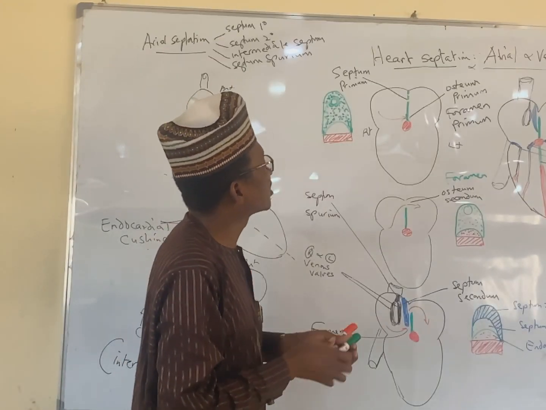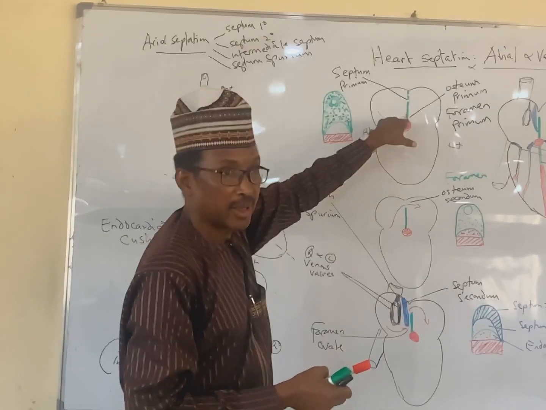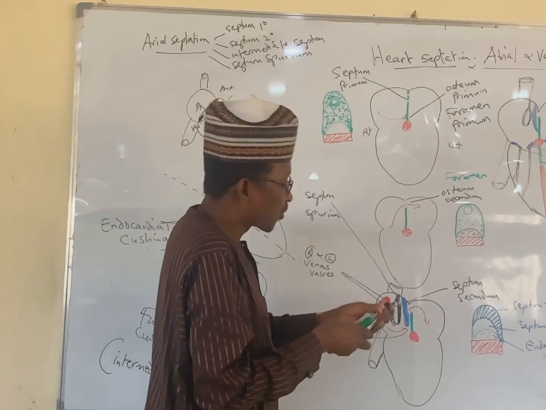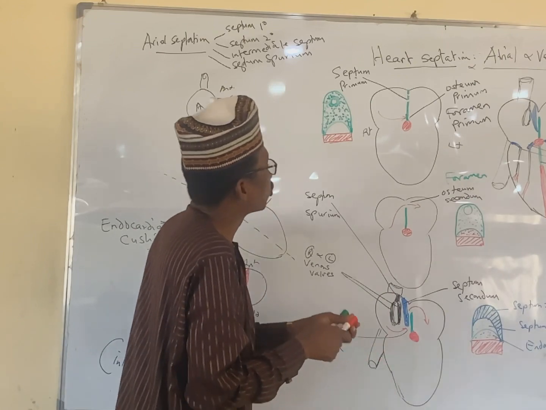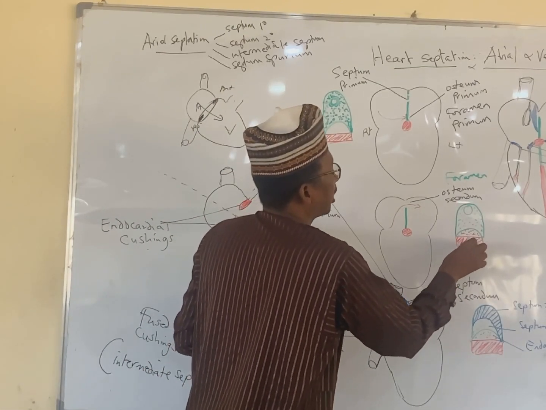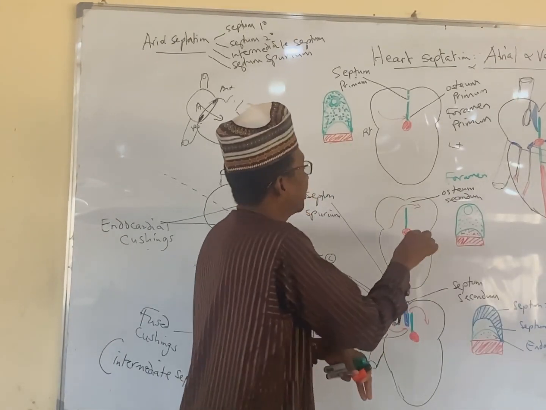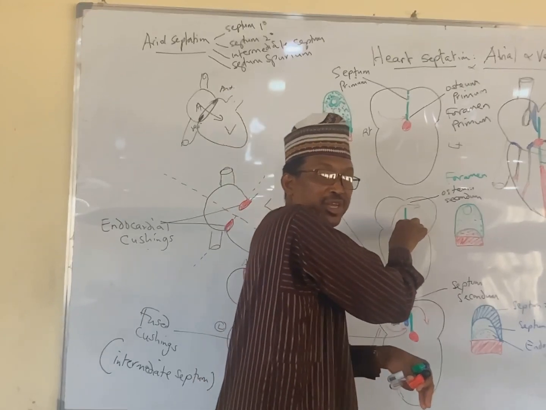So I told you initially that this ostium primum is being closed. You get it? What happens is that there is a contribution from the intermediate septum. If you can remember, we said this endocardial cushion, after they unite together, is now called the intermediate septum.